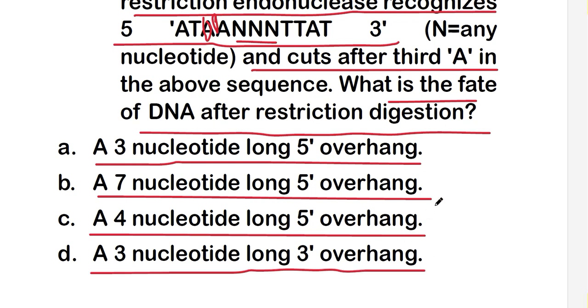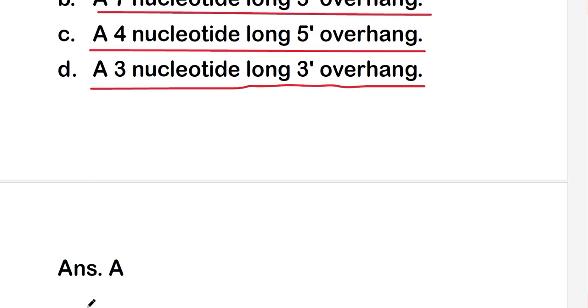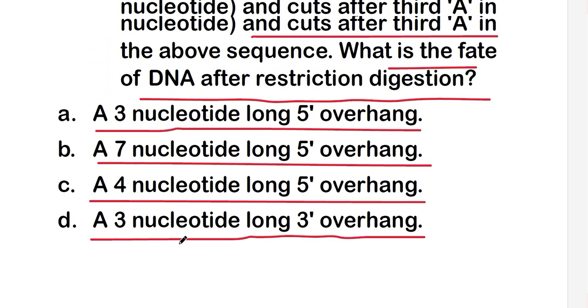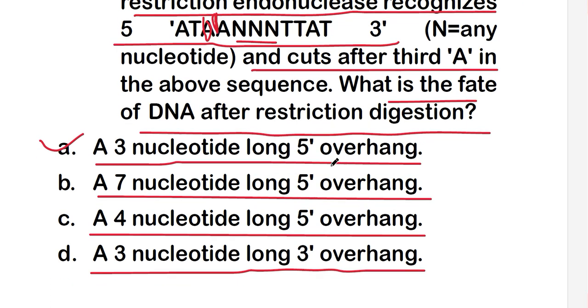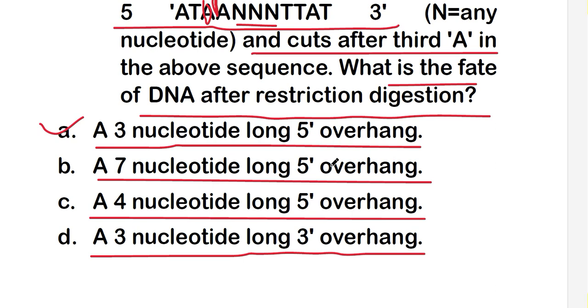The right answer is option A, a 3 nucleotide long 5' overhang. The cut is here, that is ATA. This 5' overhang we will get after restriction endonuclease digestion.